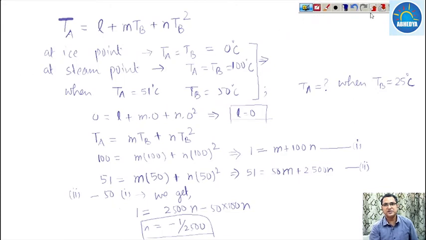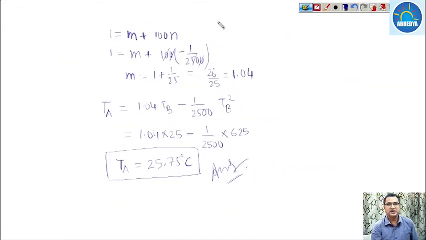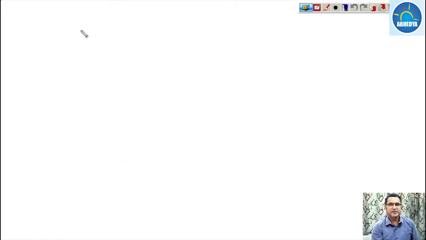Now first we note it. Ice point is 110 degree x and steam point, the boiling point, is 450 x. This is for x.